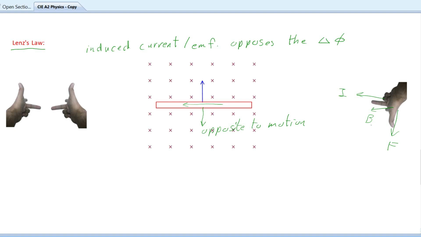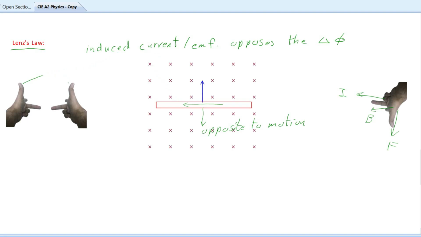So basically, this can lead us to a new method of determining the direction of the current. If you see the pictures on the left here, you have both hands using Fleming's hand rule with the same fingers. There are similarities here.